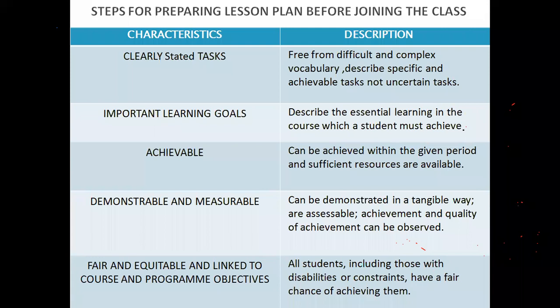It can be demonstrated in a tangible way, is accessible, and the achievement and quality of achievement can be observed, right? All students, including those with disabilities or constraints, have a fair chance of achieving them.